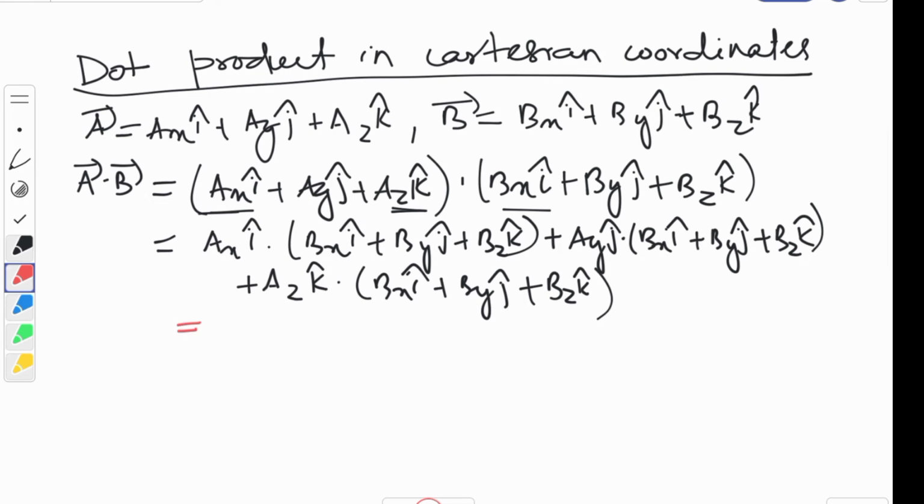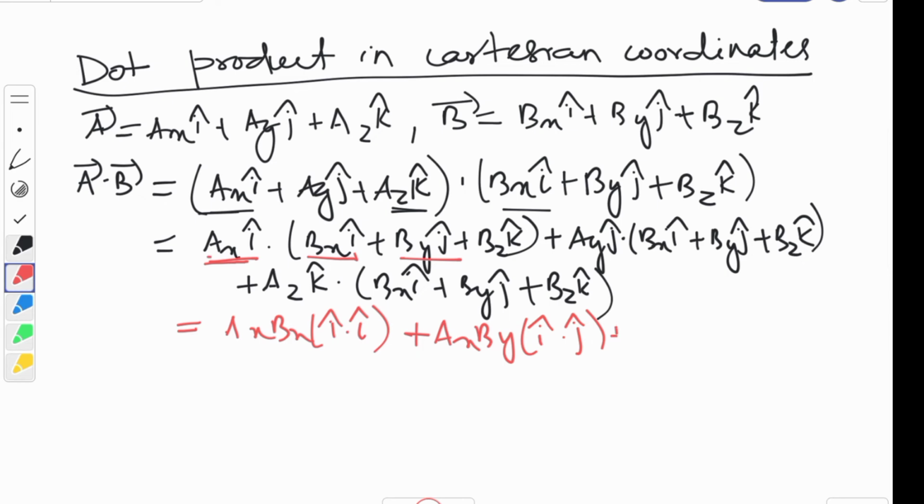Now what we'll get? Now see, AX I cap with BX I cap. So we'll write AX BX I dot I. Now AX I cap with BY j cap. So we'll write AX BY I dot j, plus AX I cap with BZ k cap. So how will you write? We'll write AX BZ I cap dot k cap.